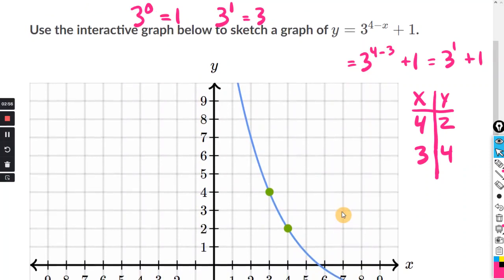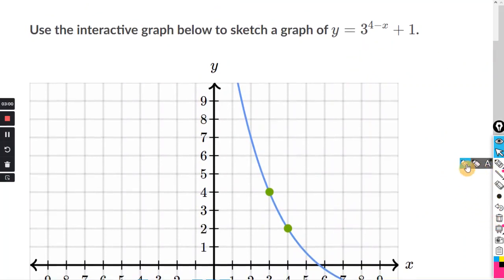we have to imagine what happens as x increases or decreases. If x gets bigger and bigger, this will be 3 to the negative something. You have 3 to the negative 4, negative 5, and it keeps going and going.